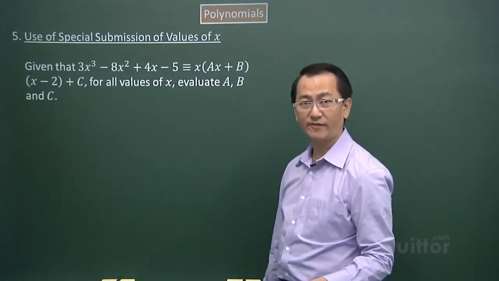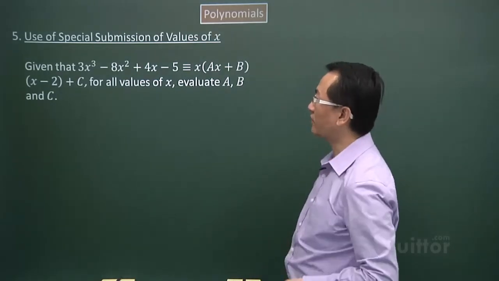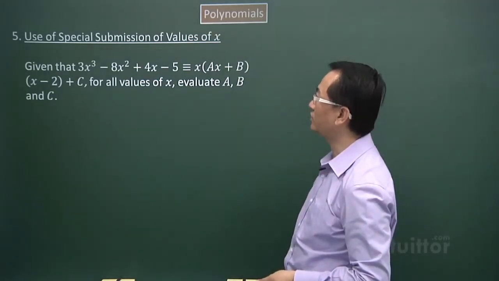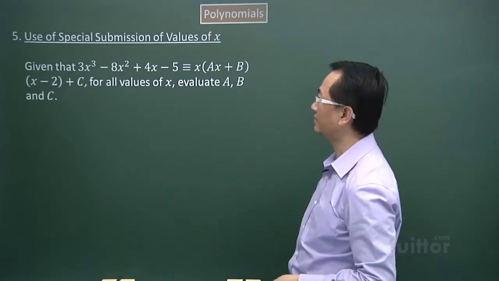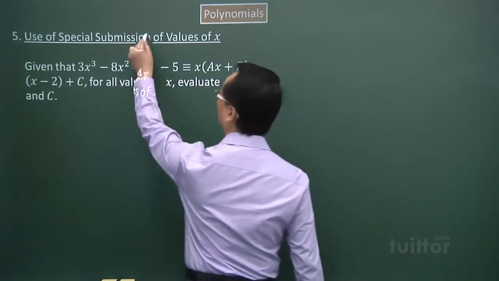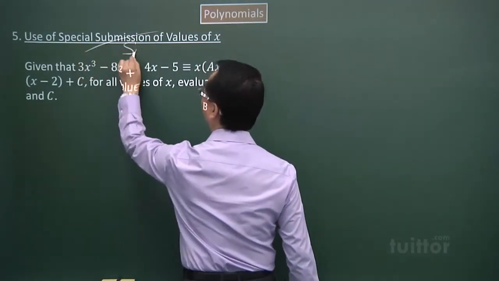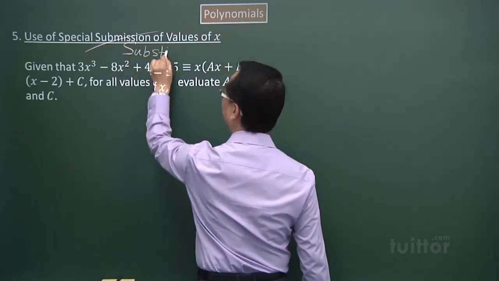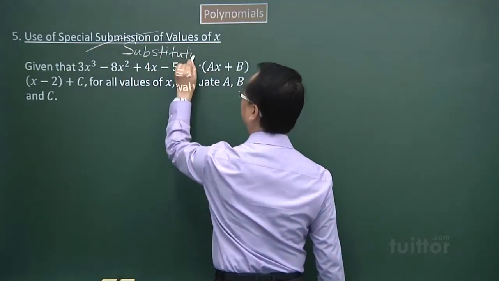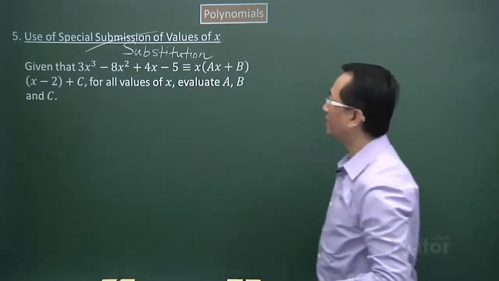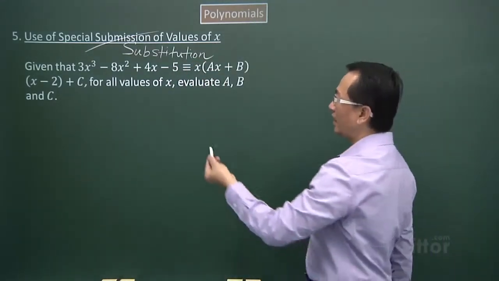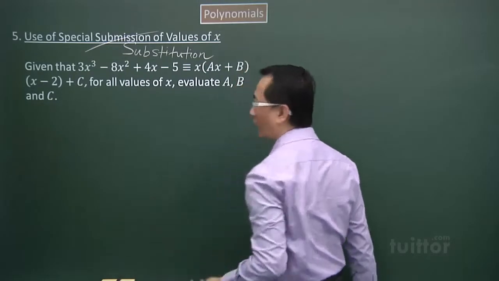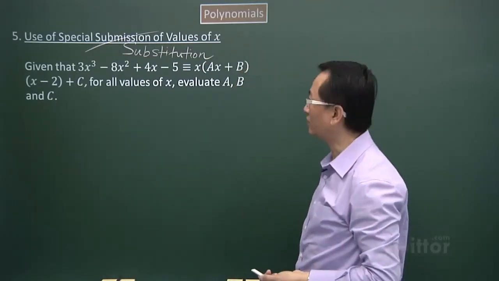Now we look at point 5, use of special substitution of values of x. Not submission, but substitution of values of x. Now, on the left-hand side of the identities, we have a cubic expression.